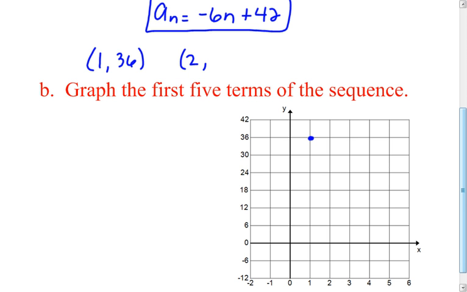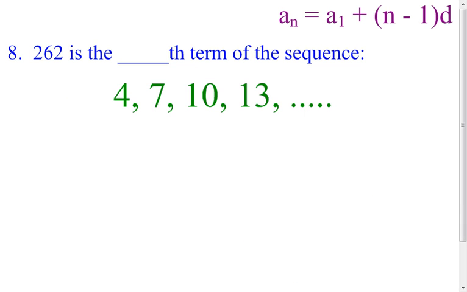When I plug 2 in, negative 6 times 2 is negative 12, plus 42 is 30. When I plug 3 in, negative 6 times 3 is negative 18, plus 42 is 24. I think you're seeing a pattern. I hope you're seeing a pattern. If I were to keep going, this is what would happen. All the dots fall into a line, and that's what it would look like.